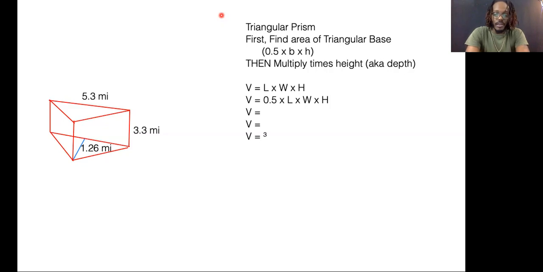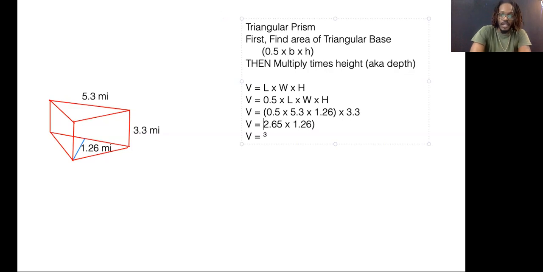Best bet is to use calculators for these steps. I have 0.5 times 5.3, which is 2.65. And then I'm going to bring down the rest of my multiplication. I'll leave this in parentheses so it doesn't confuse you.